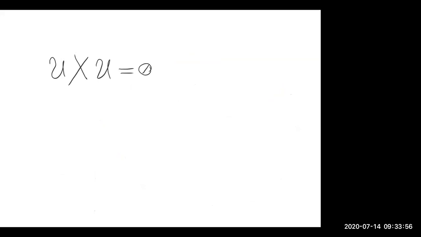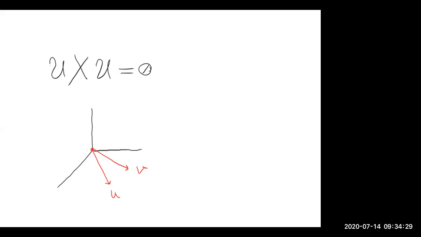Okay. Now there are more interesting properties of the cross product. So let's look at three-dimensional space. Say this is three-dimensional space. Let's choose 2 vectors. Say this is one vector u, this is another vector v. There are 2 directions which are orthogonal to these vectors.